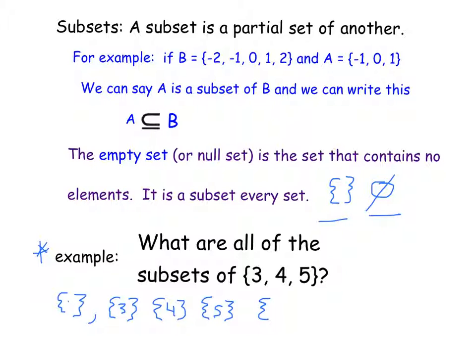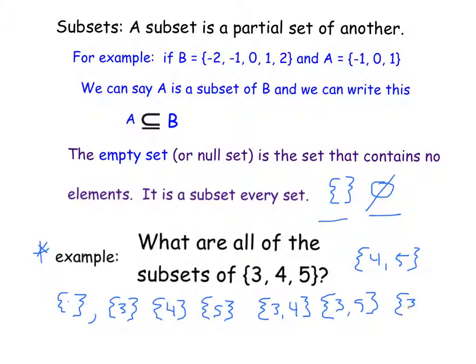We have a subset that includes 3 and 4, and 3 and 5, and 4 and 5, and this is a tricky one. All sets include a subset that includes all of them.